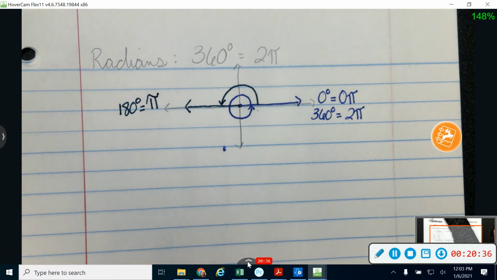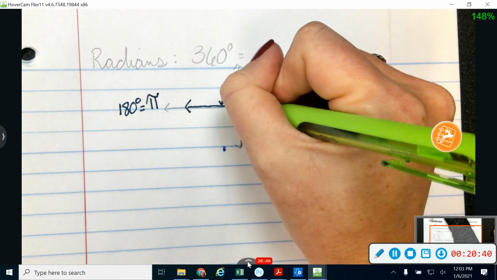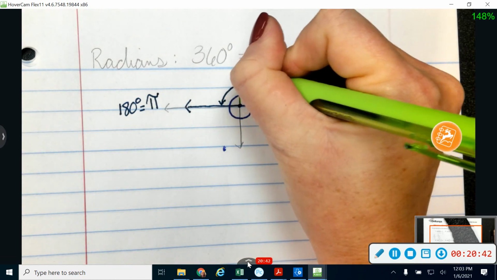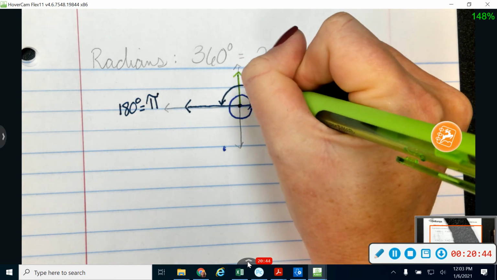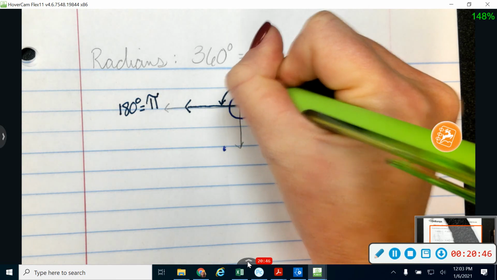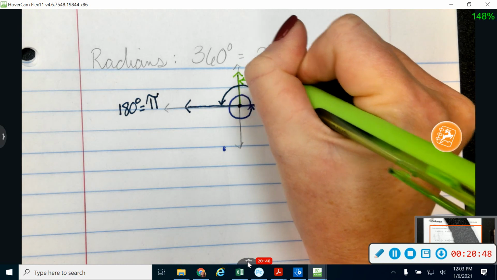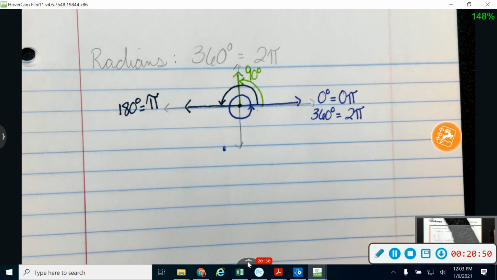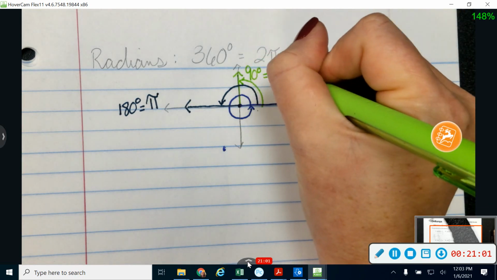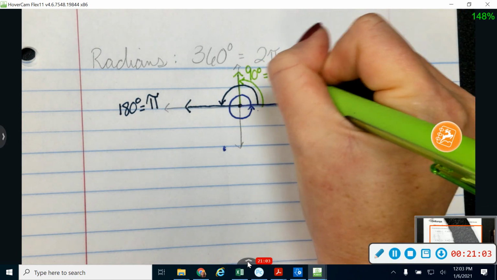All right, change again. Maybe green this time. I'm going to do 90 next. I'm going to open counterclockwise, and this is my 90-degree angle. 90 degrees is half of 180, so in radians that's half of pi, or what we will call pi over 2.